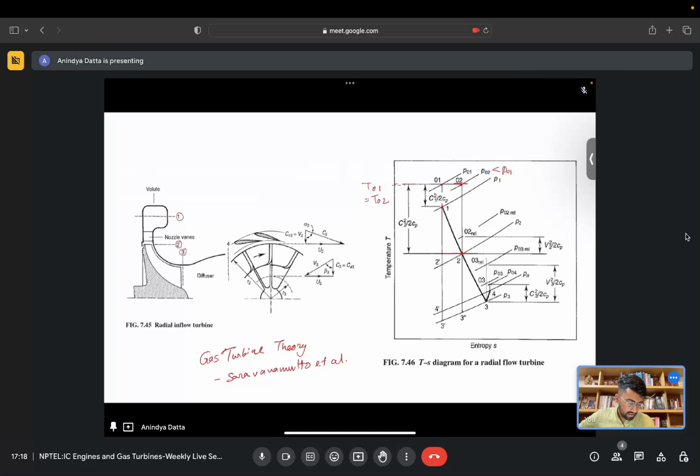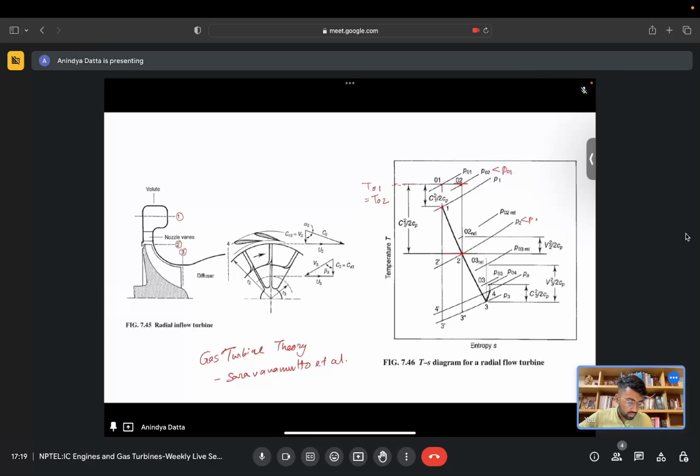Also, the velocity at the nozzle outlet C2 is higher than C1, because in the nozzle the static pressure falls, which we can also see, P2 is less than P1, with a corresponding rise in kinetic energy or velocity. So C2 is greater than C1.